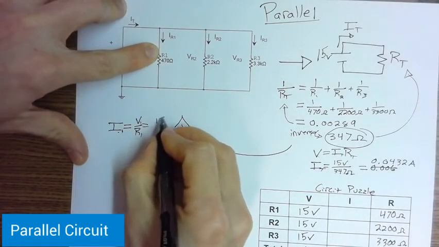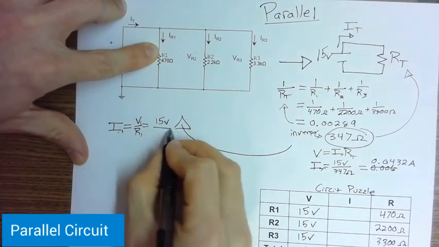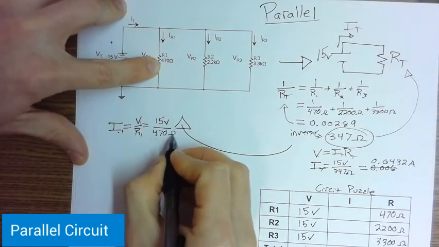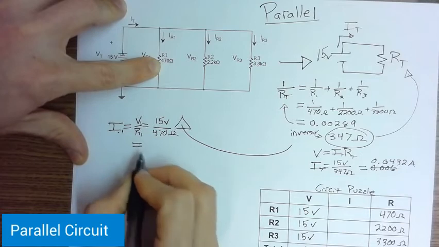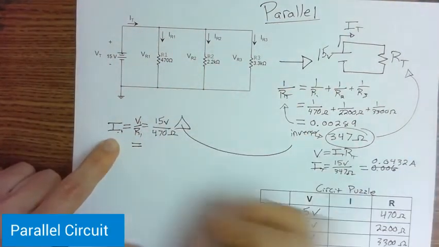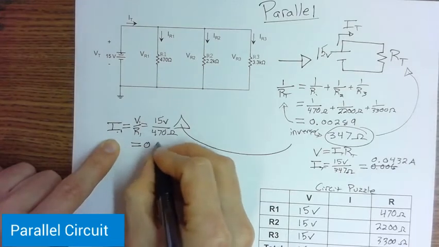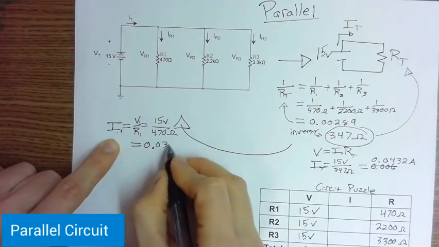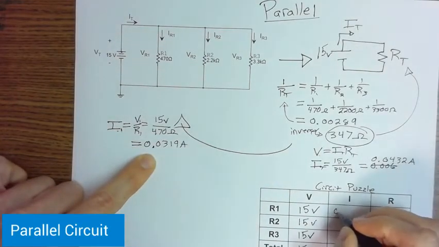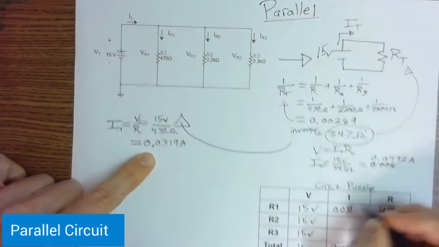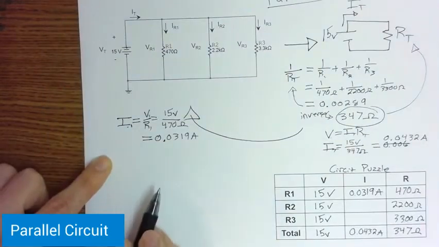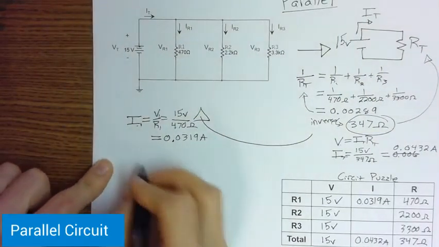So the voltage is 15 volts in a parallel circuit, and the resistance was 470 ohms for that first one. So the current going through that first branch is going to be 0.0319 amps. So let's go ahead and write that down here. 0.0319 amps. Good.